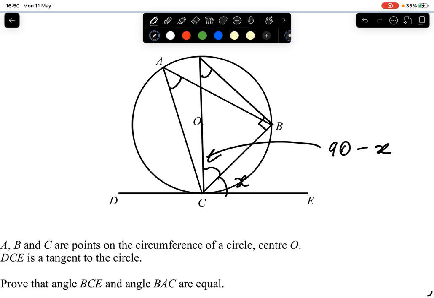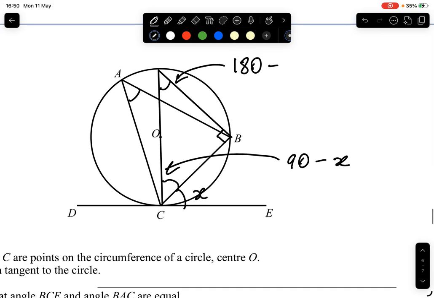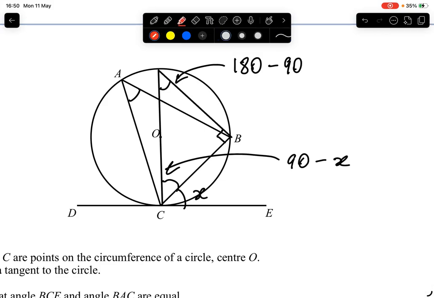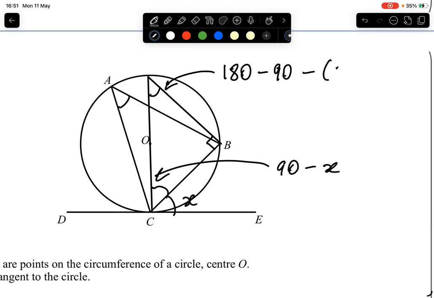So, using angles in a triangle, I can say that this angle just here is 180, subtract 90, that's subtracting this angle here, and then I need to subtract my other angle, which is 90 minus x. So 180 minus 90 minus, open bracket, 90 minus x, close bracket.